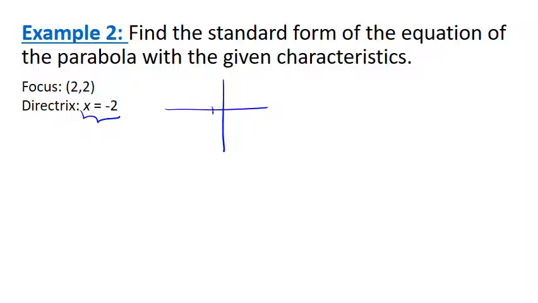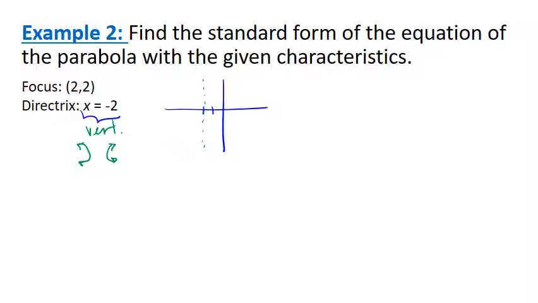So if I sketch that, x equals negative 2 is here. And we know that that's on the outside of our parabola. Since this is a vertical line, this tells us that our graph is going to open either left or right because the vertex will be vertical then.